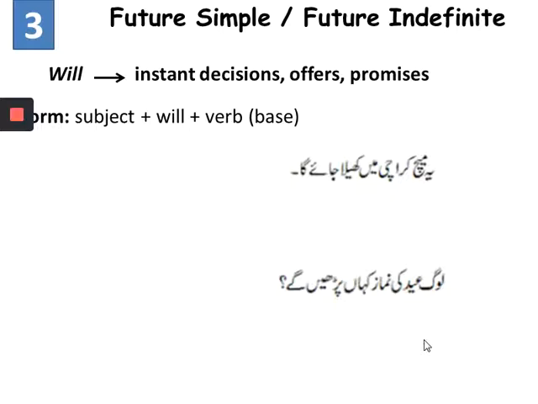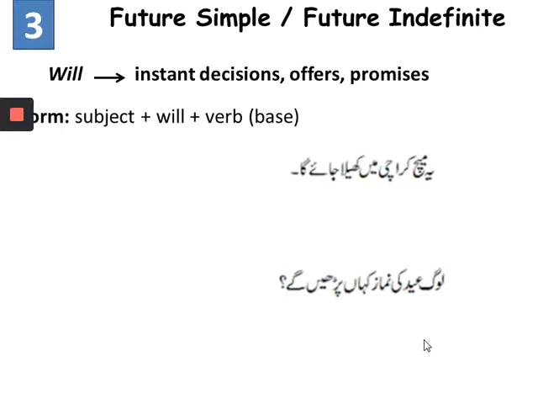Okay, we come to the second example. लोग ईद की नमाज कहाँ पढ़ेंगे? लोग, people, ईद की नमाज, Eid prayers, कहाँ, where, पढ़ेंगे, offer or perform. You can use either of the two words. Since this is an interrogative, we obviously use the question word first.